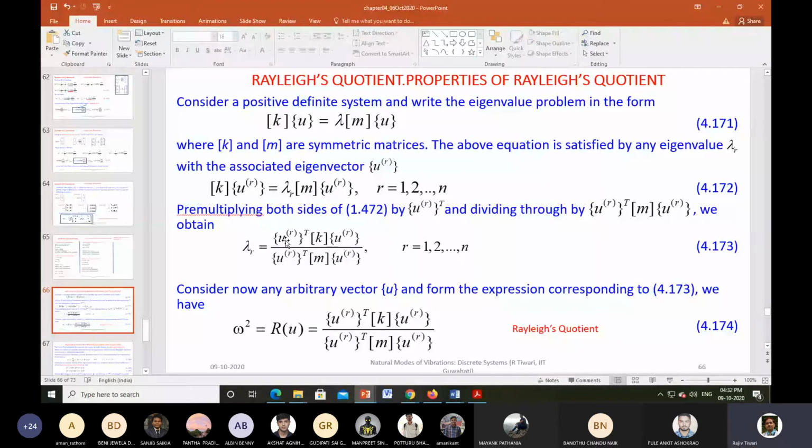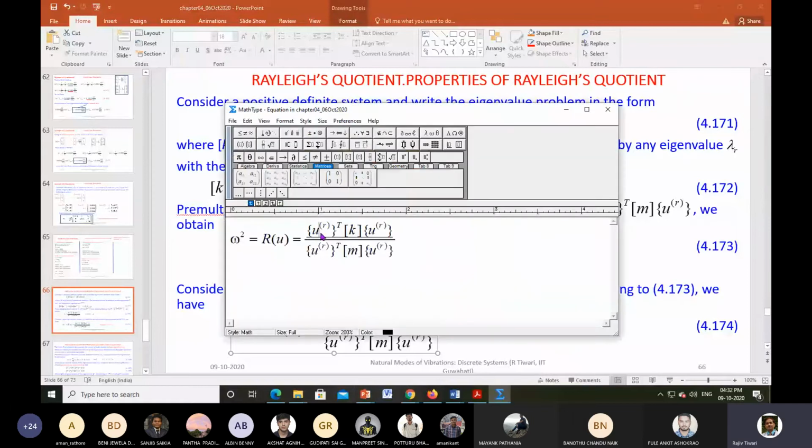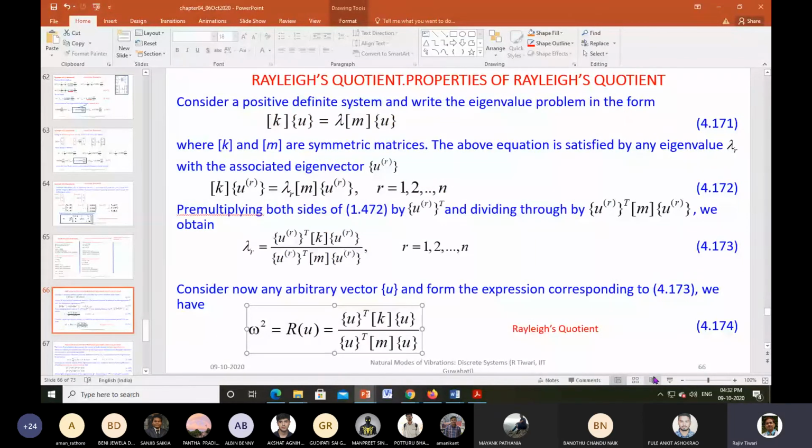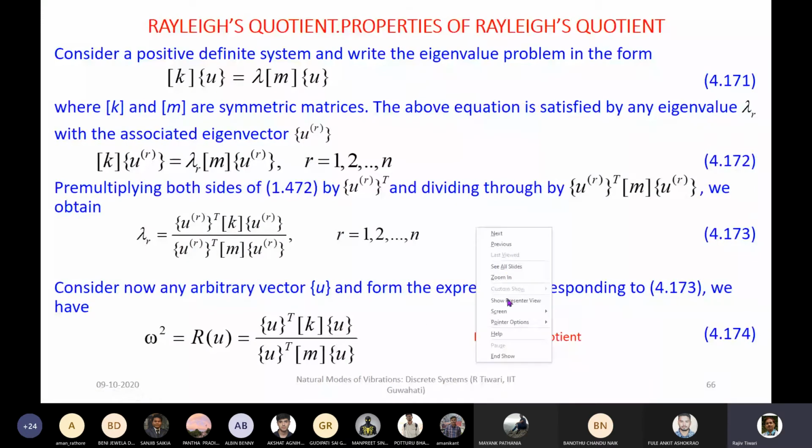But as we chose in the previous case, U was something else. We have not chosen the same U. So we are not choosing the exact eigenvector.